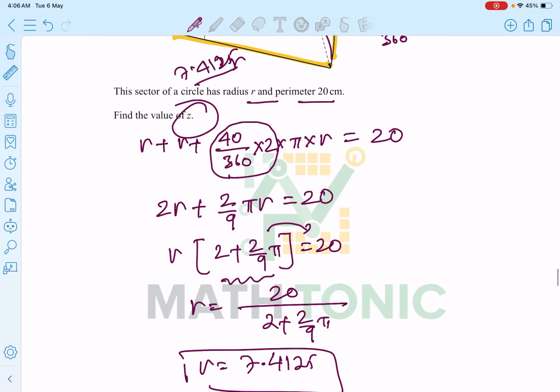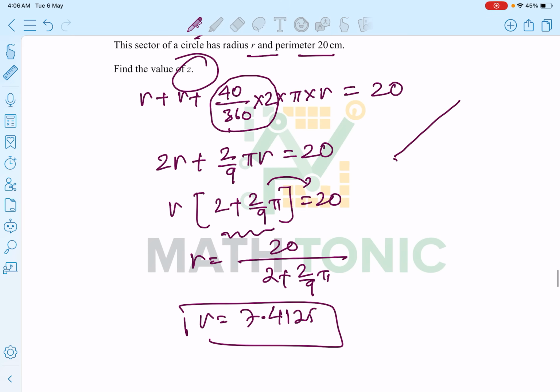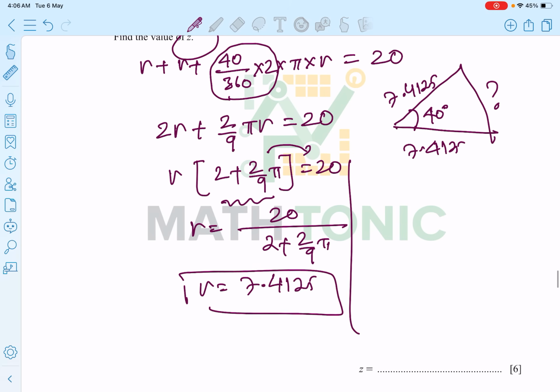Now basically you tell me, in a triangle like this one we have 7.4125, this one we have 7.4125, and the angle given is 40 degrees. So can't we find out this side? Yes, we can. We have to use the cosine rule. Remember this one.